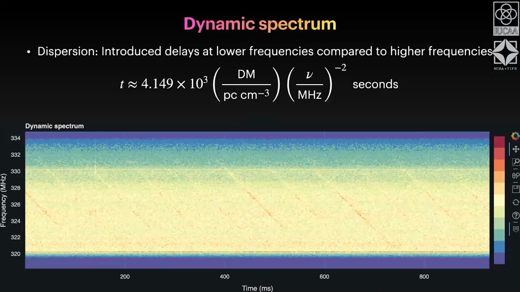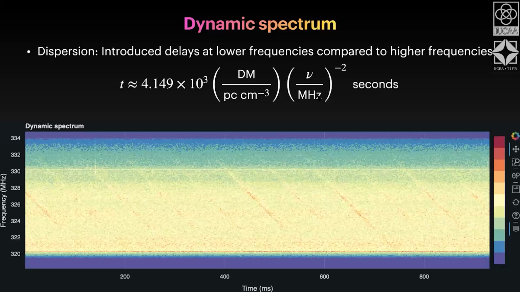Okay, now dispersion itself, as I explained, delays the lower frequency signals compared to the higher frequency, and follows this particular form, where, compared to infinite frequency, the delay of the signal at a particular frequency nu, expressed in megahertz, is given by this modified formula.